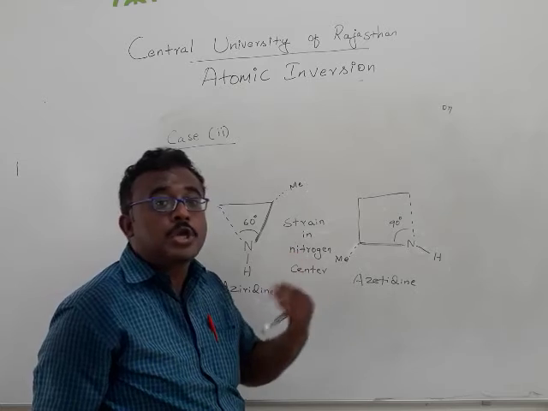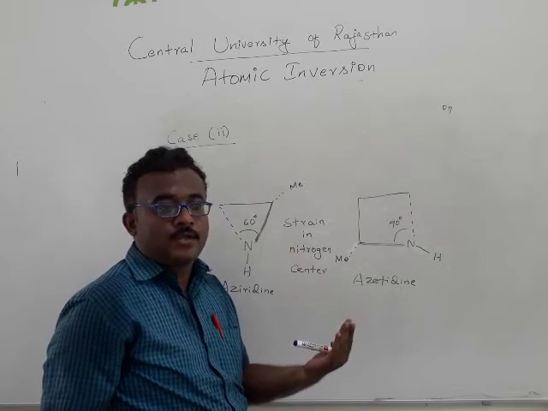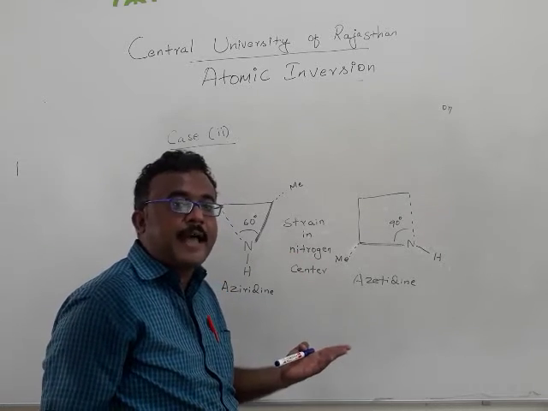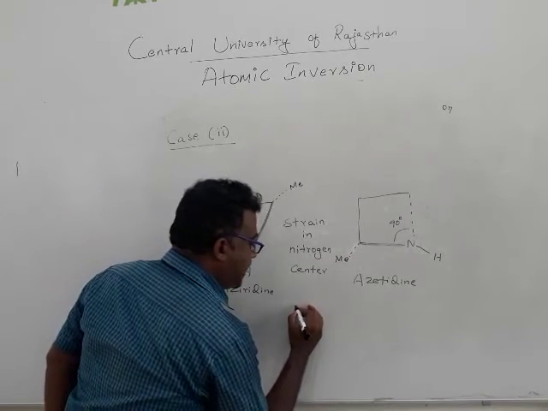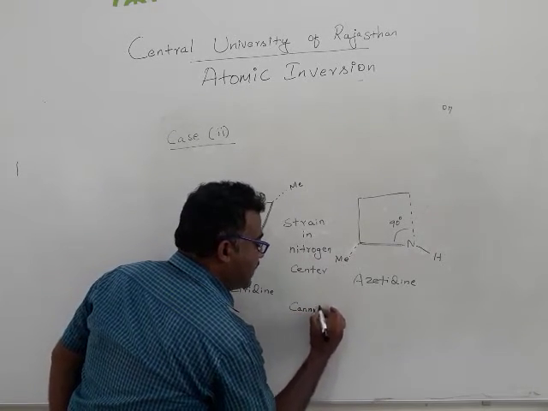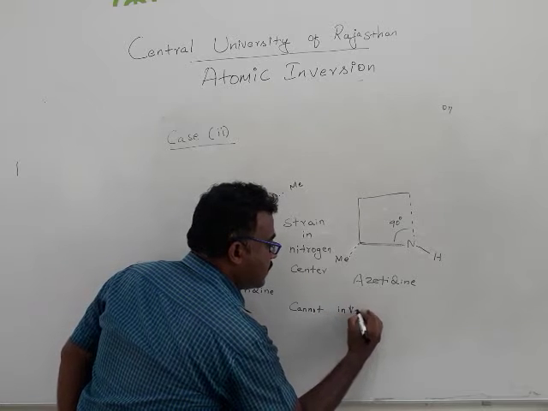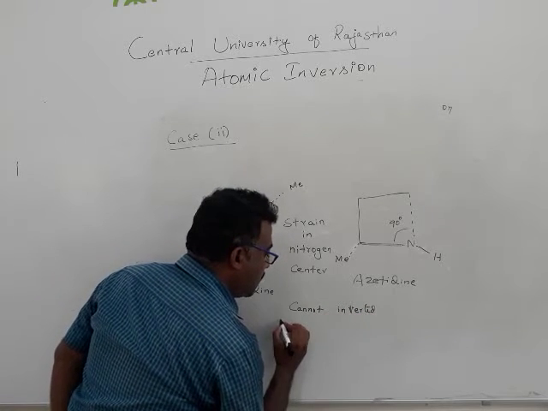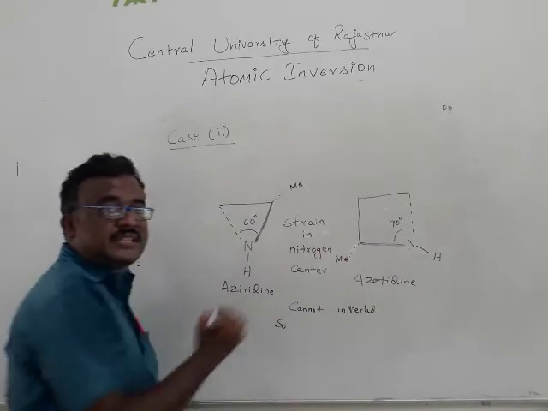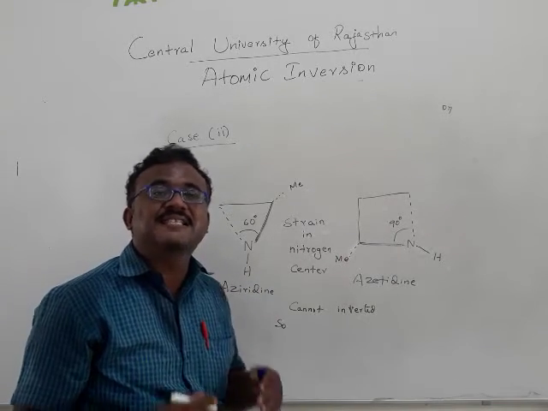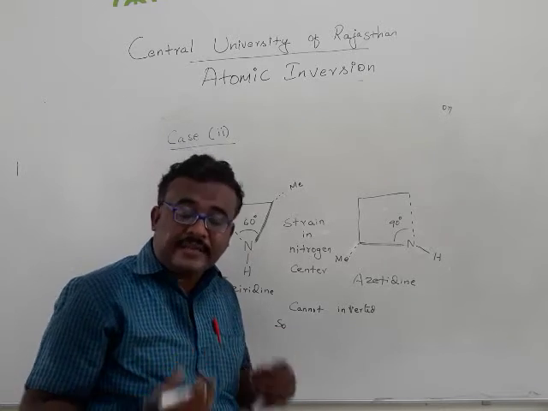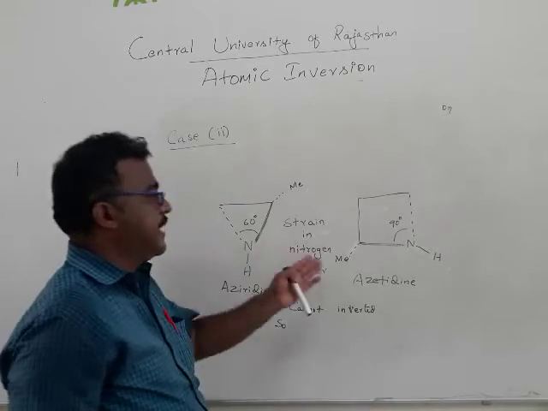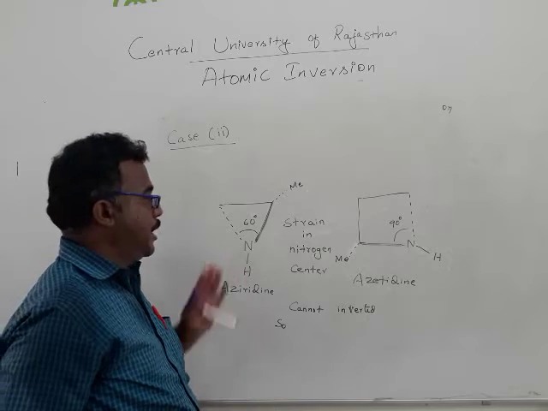It has to cross so much of an inversion barrier. Due to that, this molecule cannot invert. So these molecules can be easily separable, to get chiral compounds of nitrogen containing molecules.